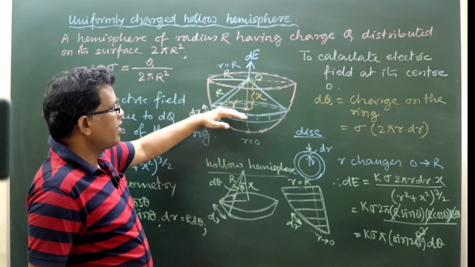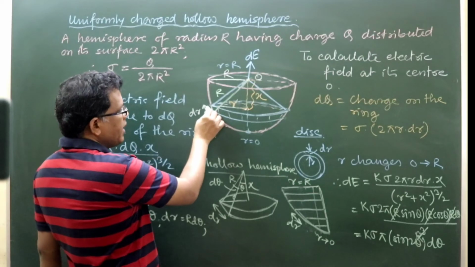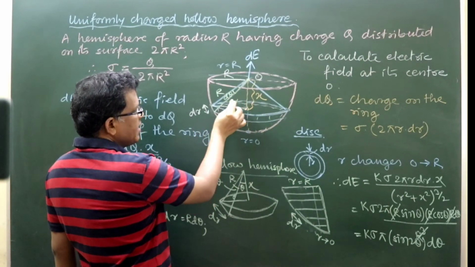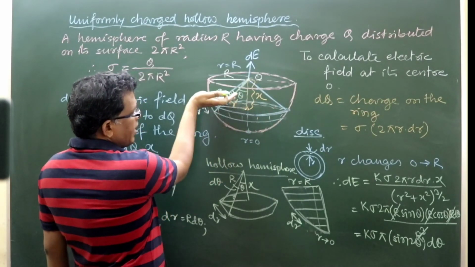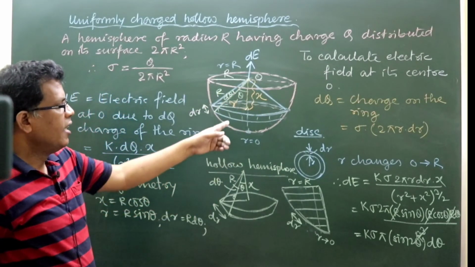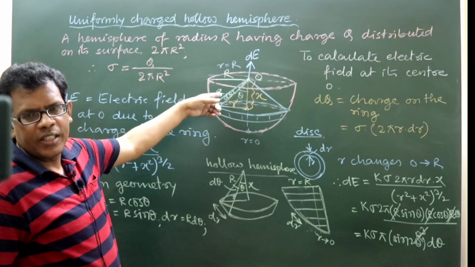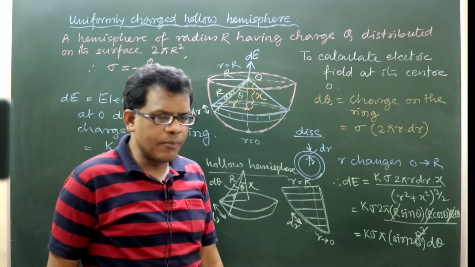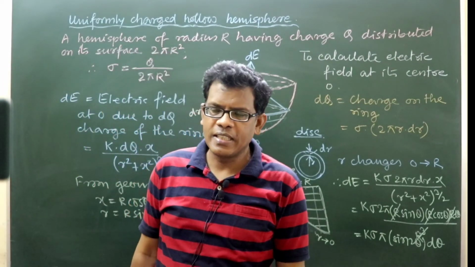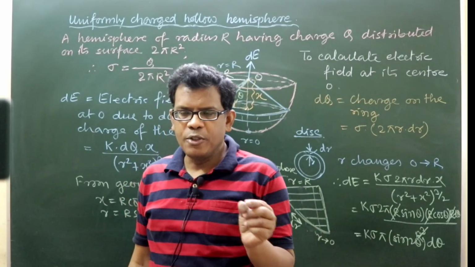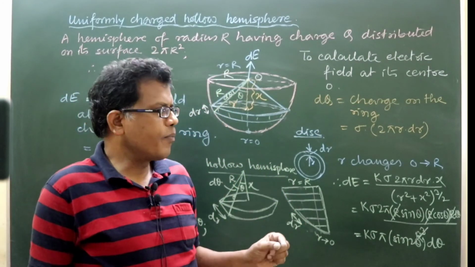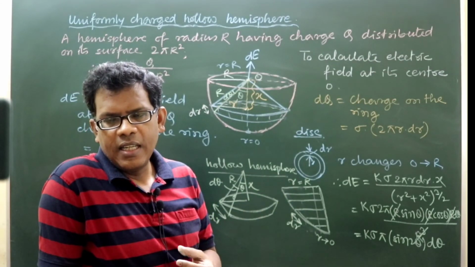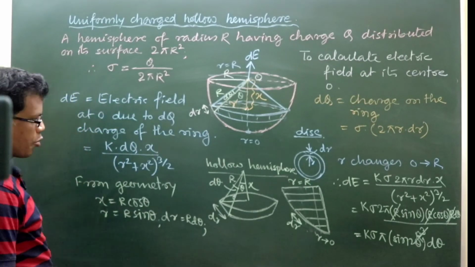When you move from one ring to the next ring, every time the thickness being dr, the angle subtended by that thickness is d theta, and with the change of radius r, theta also changes. So the change of theta from one step to the next always goes through d theta only. In any integration it is important that the variable must change uniformly from the first step to the last step, as per the continuous function.